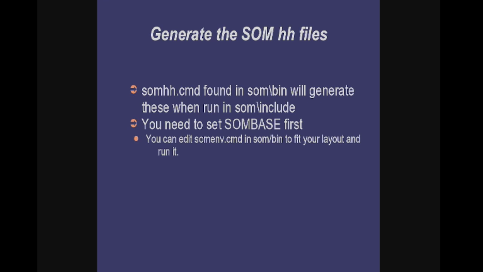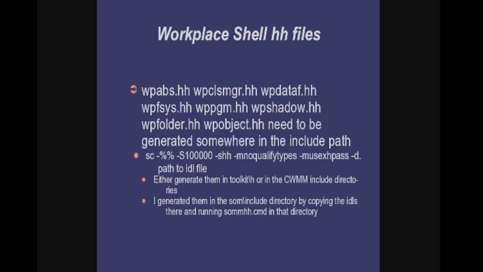There's a somenvironment.cmd that sets everything up for it. And you also need to build the workplace shell HH files. There is a somhh.cmd in the bin directory. If you run that in the include directory, it generates it for you. So it's really quite straightforward.